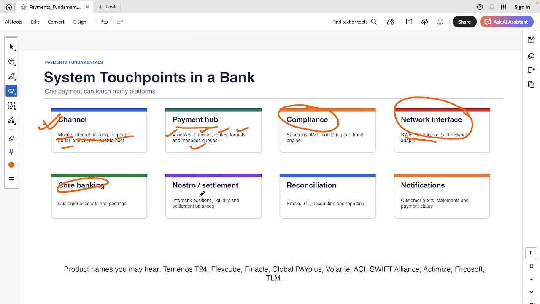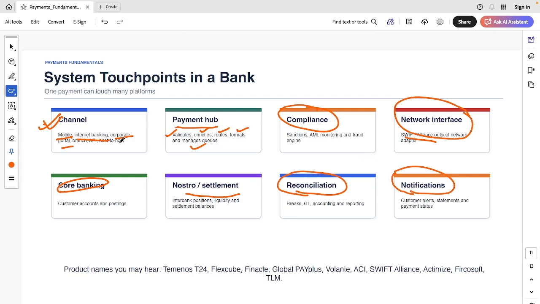Then the Nostro and settlement systems manage the interbank positions, liquidity, and settlement balances. There are also systems to identify the breaks, accounting mismatches, and reporting issues. Those systems are called reconciliation systems. Then we have a system which notifies the customer, prepares the statements, and also updates the payment status to the customer.